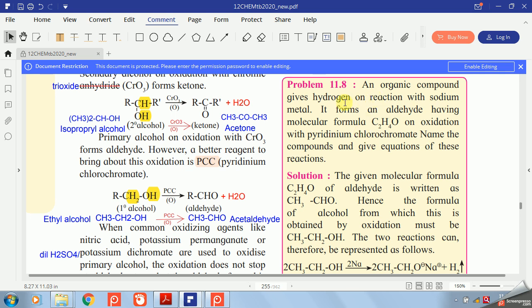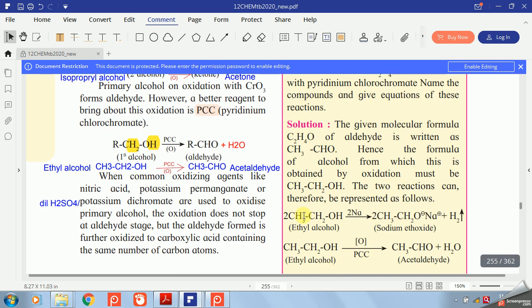So as it gives hydrogen with sodium metal, definitely it is an alcohol. That we already learned, it is not a phenol because sodium is most reactive, and we get sodium alkoxide. Here two carbons are present, so your compound is a 2 carbon alcohol, so ethanol.